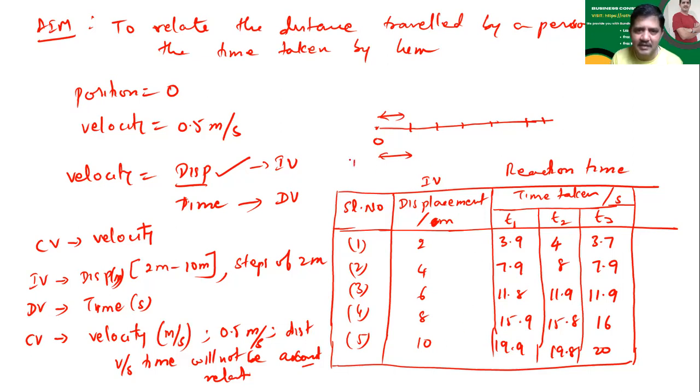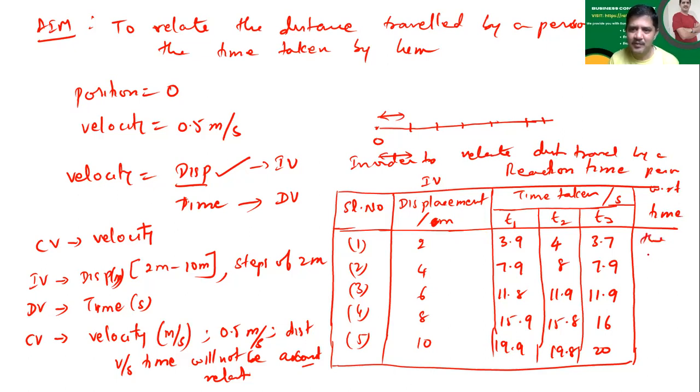We need to write here, in order to relate distance traveled by a person with respect to time, the procedure followed is already described in the previous section. And the experiment was conducted according to the procedure and the readings were tabulated. Okay, you should mention why this table was arrived at. That's the first thing. First part is done.